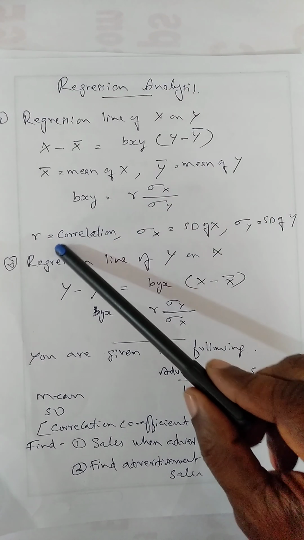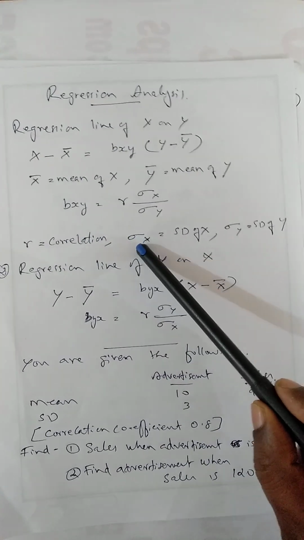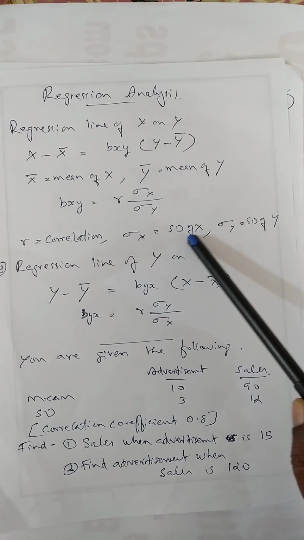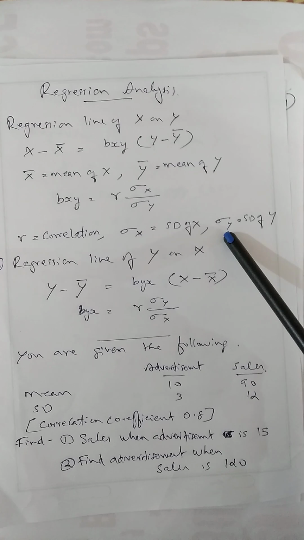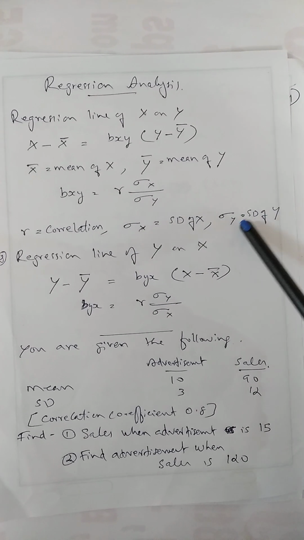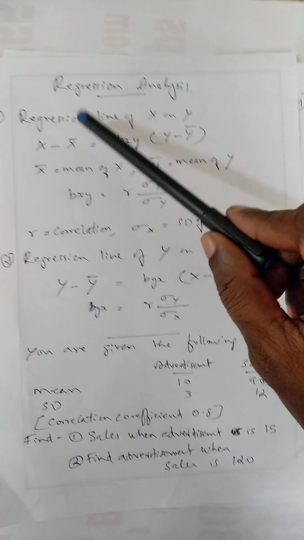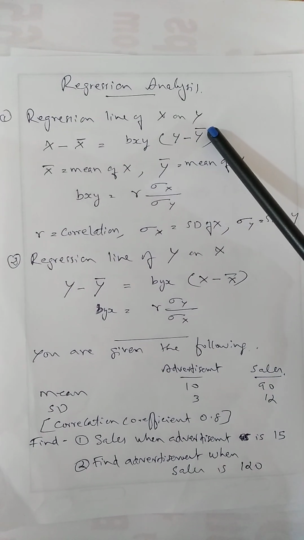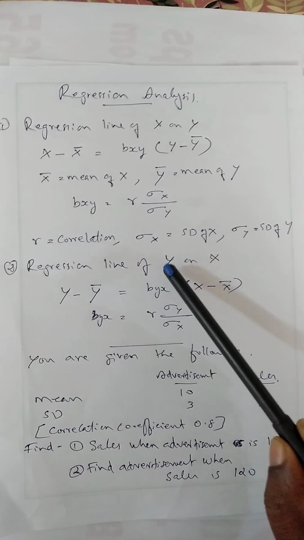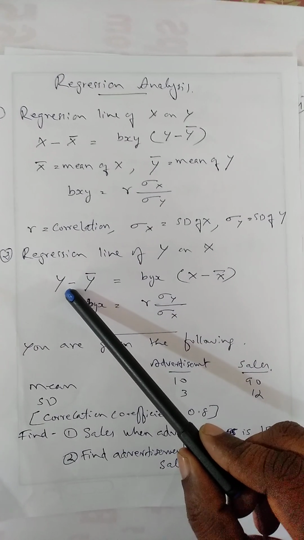Okay, this r indicates correlation, sigma x indicates standard deviation of x, and sigma y indicates standard deviation of y. SD means standard deviation. This is for regression line of x on y. And for regression line of y on x, we use this formula.